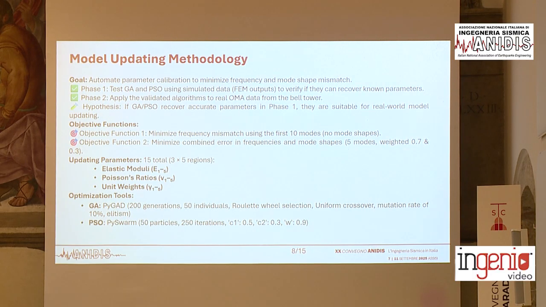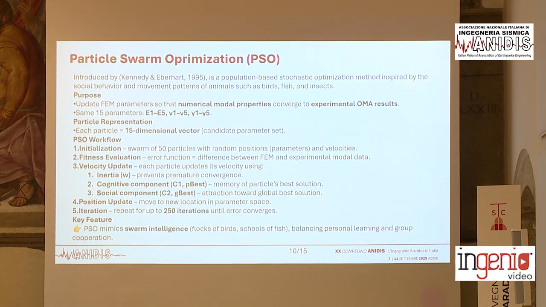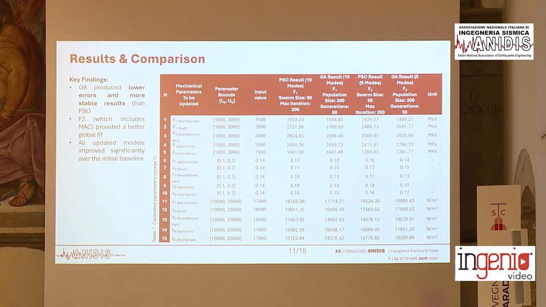And 5 regions were considered in the structure with isotropic materials, so elastic moduli, Poisson ratio, and unit weights for 5 different regions were considered the candidate parameters for updating. For the genetic algorithm, I will skip this part. If you have a question, I will answer it later.